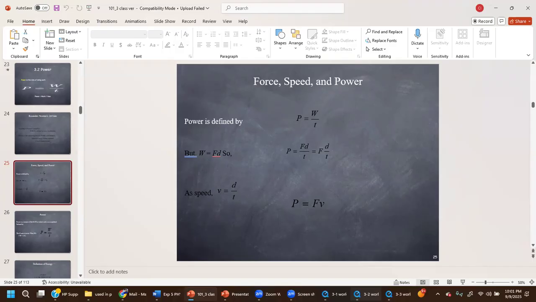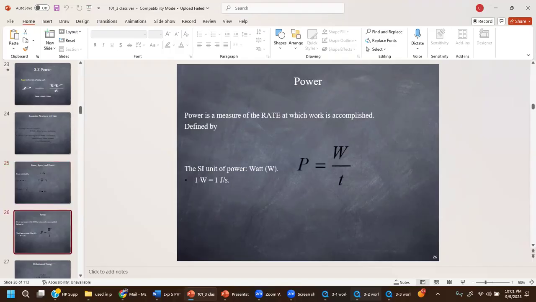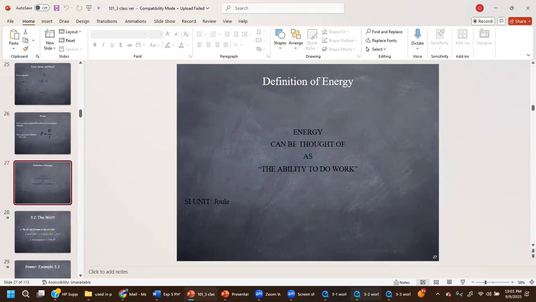And again, when you have the power and you multiply it by your time, you get an energy. So when you define the energy, that energy can be thought of as the ability to do work. So let's go ahead and write this down.